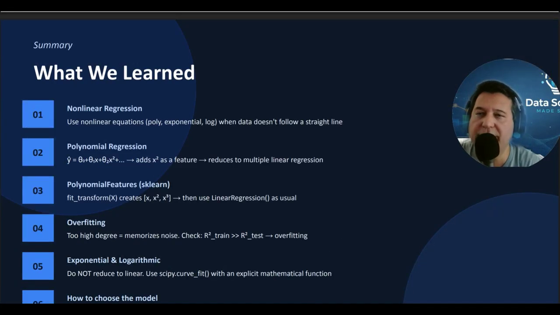Now we summarize the key concepts of the day. We step outside the boundaries of straight lines by using nonlinear equations when the data requires it. Remember that polynomial regression reduces to multiple linear regression by adding new features, but it carries the severe risk of overfitting if the degree is too high.